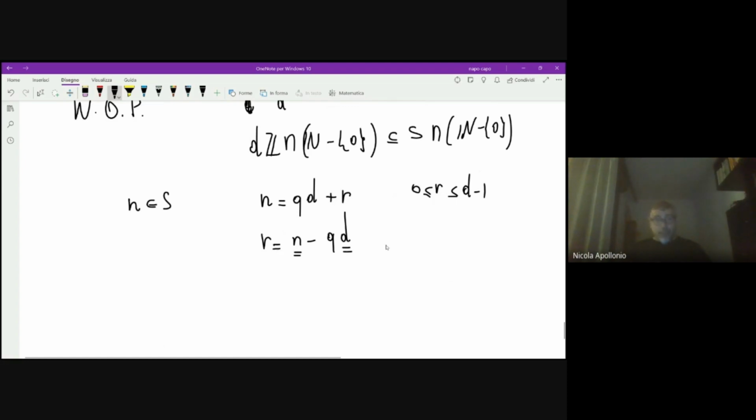So the only possibility is that R is equal to 0 and n is a multiple of D.